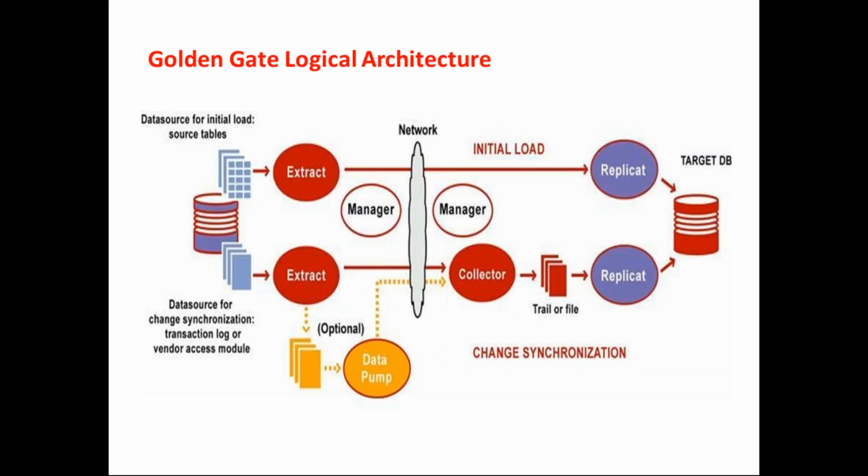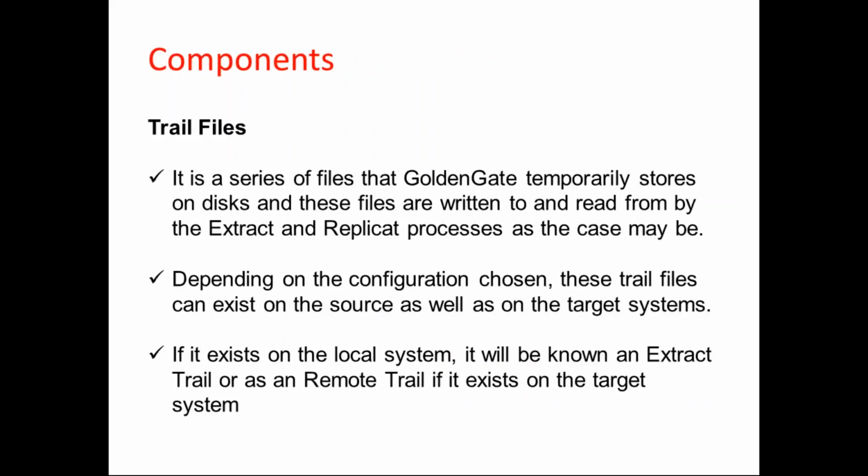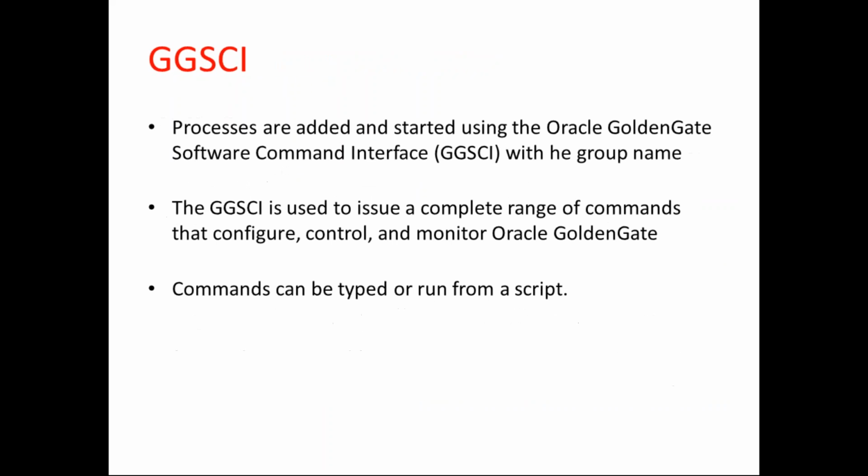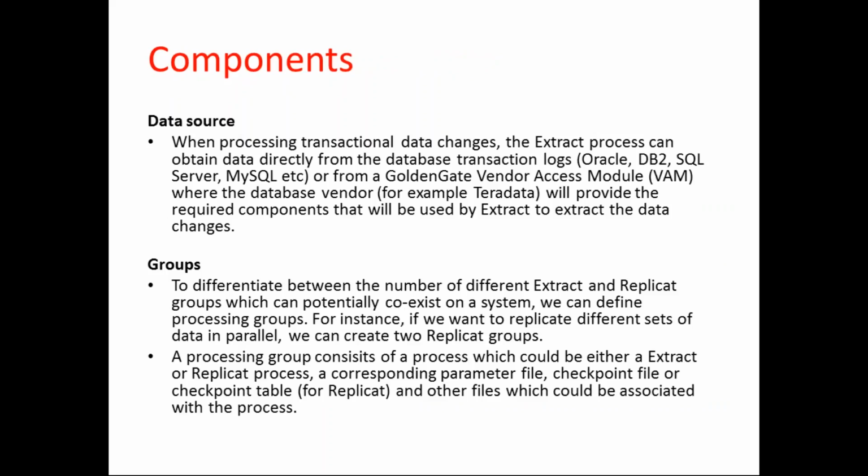I have 5 extracts in the source, and I can make 10 replicats, putting 5 schemas in each. So it is there for more parallel processing. Somebody can ask you how many extract groups you have. Group is the keyword used. Don't use the word process.